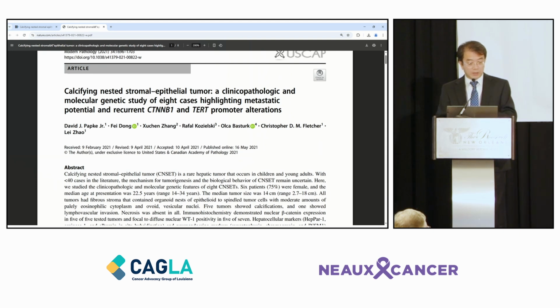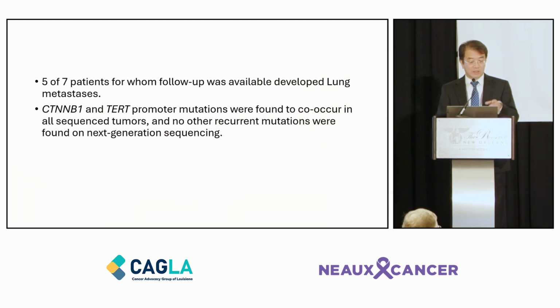Another paper I found studied the mechanism of the disease, and they specifically said in their study group they only had 7 cases. Their finding is different. They said 5 of the 7 patients who had follow-up information developed lung metastasis, which makes the disease more aggressive, right?